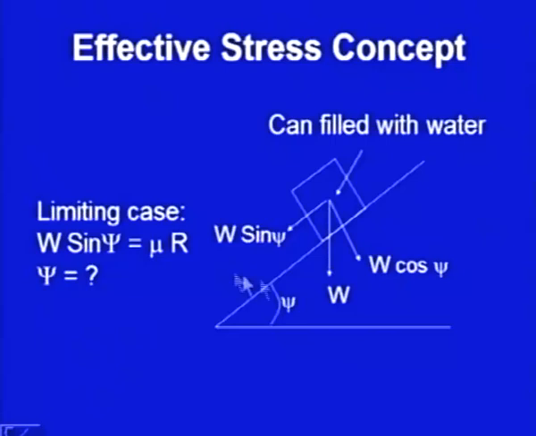So, mu into R will be the frictional force, and W sin psi will be the sliding force. You can equate these two values, and from there you can find out the limiting value of psi.